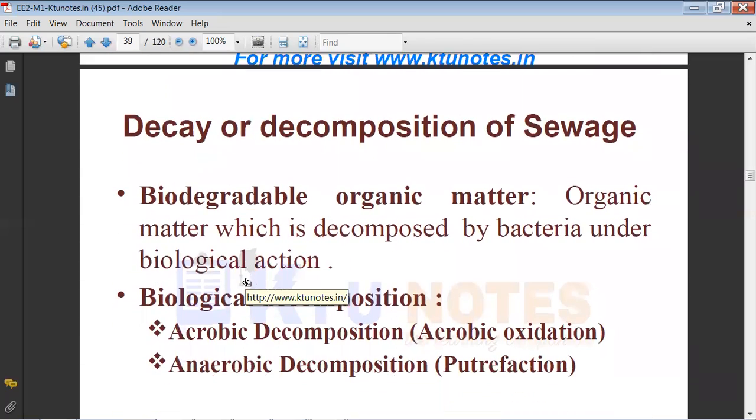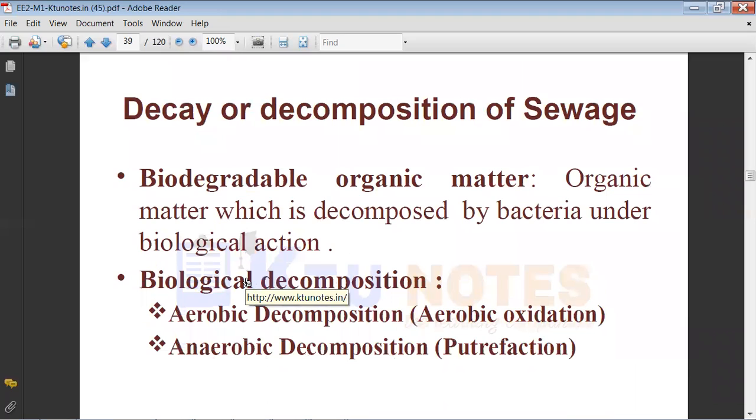So in this secondary treatment process, there is decay or decomposition of sewage. We can call it decay or decomposition. Biodegradable organic matter is decomposed by bacteria under biological conditions. So what is biodegradable organic matter? The organic matter which is decomposed by bacteria and microorganisms under biological action is nothing but biodegradable organic matter.